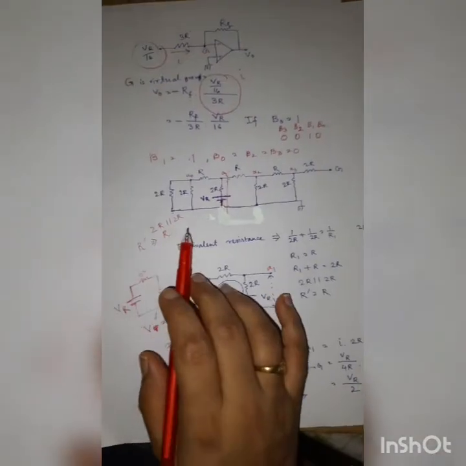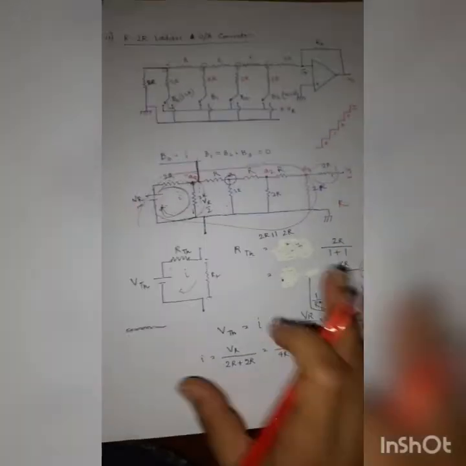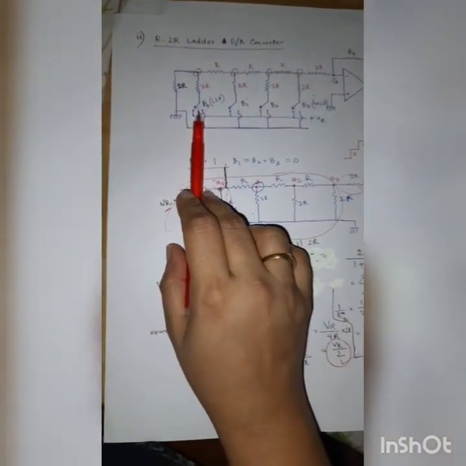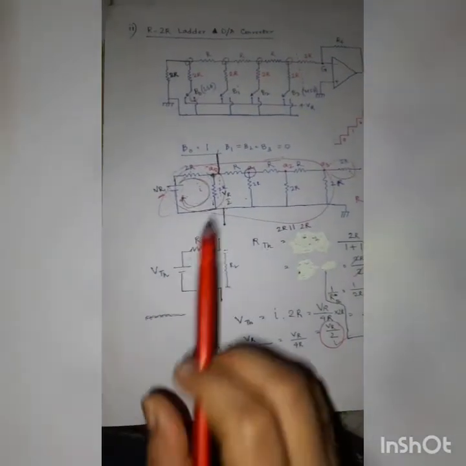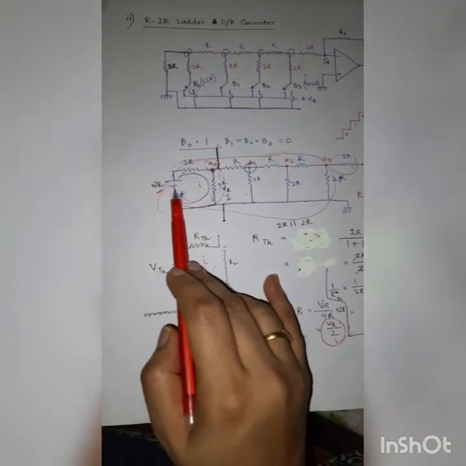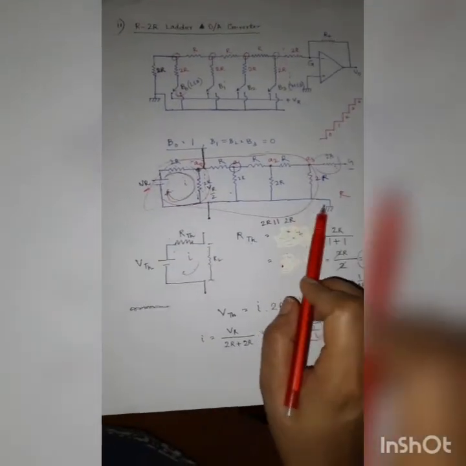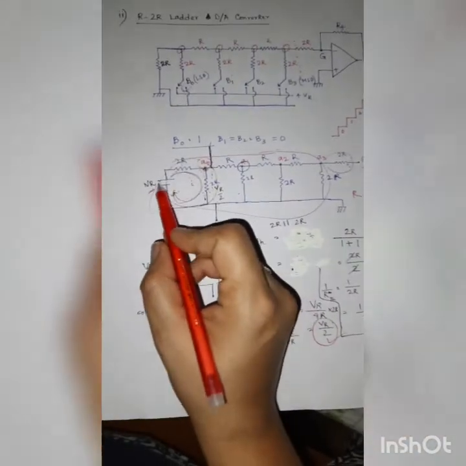Alright. So if we try to remember, when B0 is on, that is B0 is connected to VR, then the voltage is coming from here and all other connections are grounded. So the voltage from this point is VR.